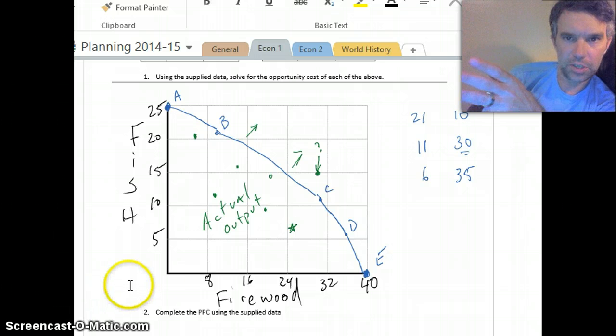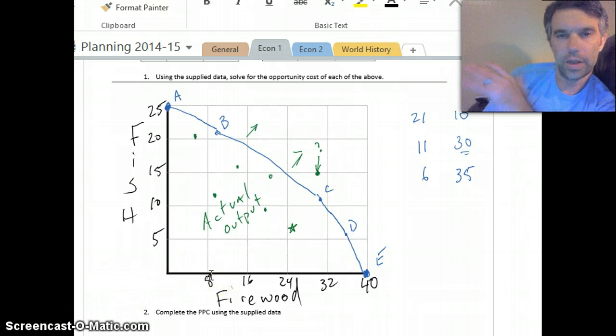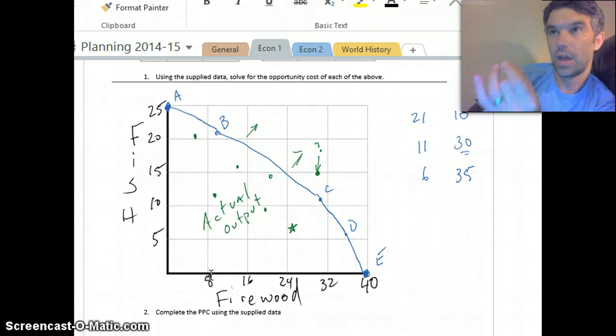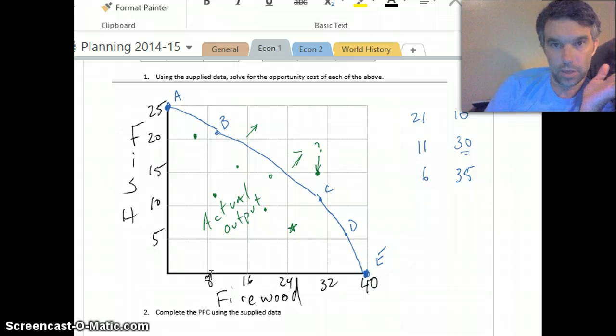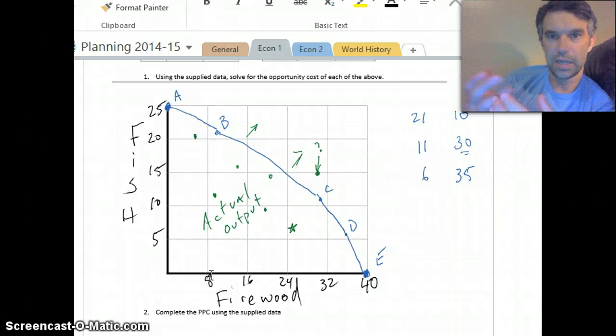When we're looking at the production possibilities curve, remember, it's only a tool. It's not gospel. It's not something that anybody would use in a real economic situation because, again, it's a very simplistic model. We're saying that there's two things that a country can produce. Well, remember, that's ludicrous.